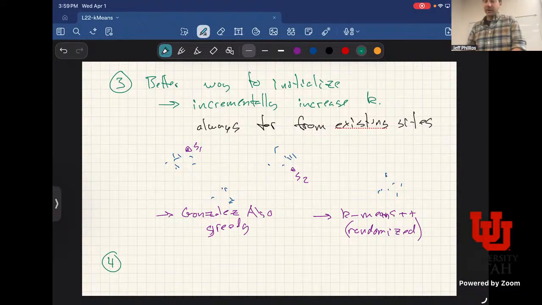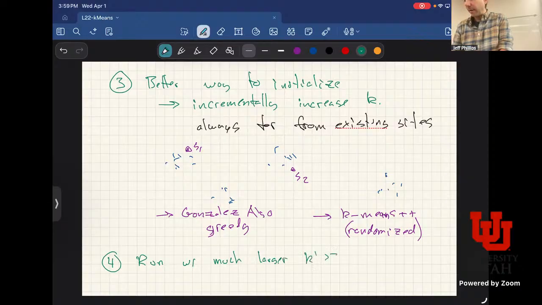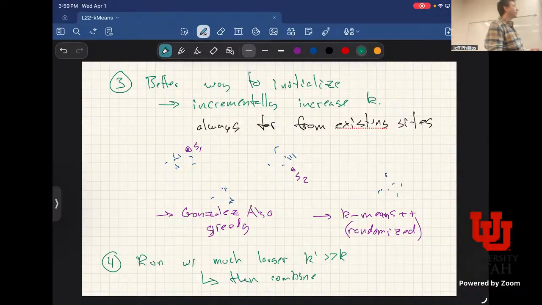The opposite is to run with a much larger K prime, much bigger than K, then combine them. So I'm going to run with a much larger K prime, hoping like K log K.